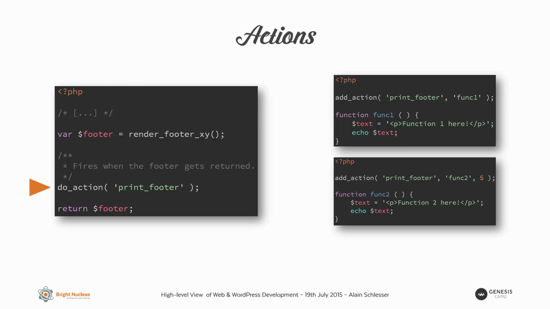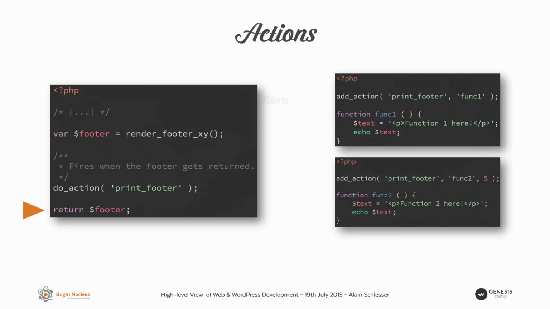When you omit to define a priority, the default value of 10 is used. So in this case, we have a function with a default priority of 10 and a function with a priority of 5. The lowest priority gets executed first, so our code execution jumps to func 2 and executes it. Once this is done, it jumps to func 1 and executes this as well. Finally, it returns to resume normal code execution.